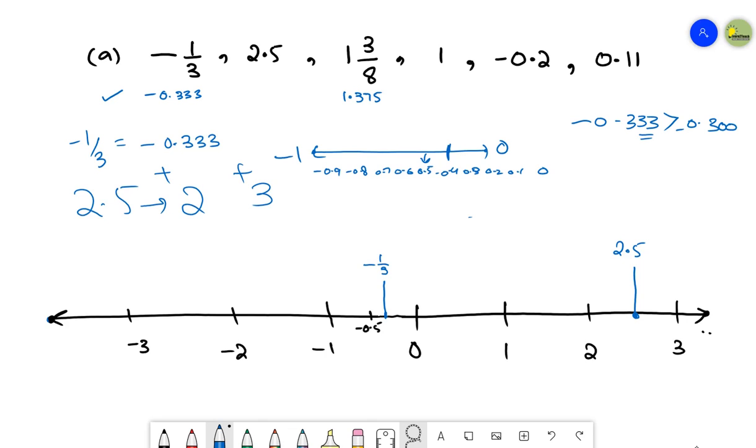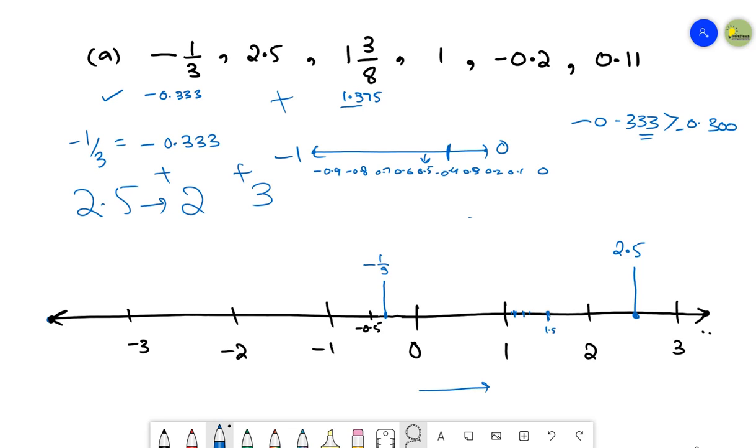Then I have 1.375. Let's find out where 1.3 is. It's a positive value. When I move towards my right, after 1 I'm going to have 1.1, 1.2, 1.3, 1.4, 1.5. Middle value means 1.5, and I know that 1.3 is going to be somewhere over here.